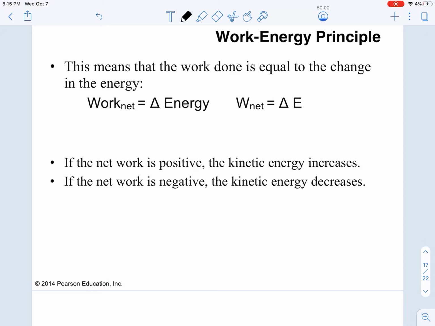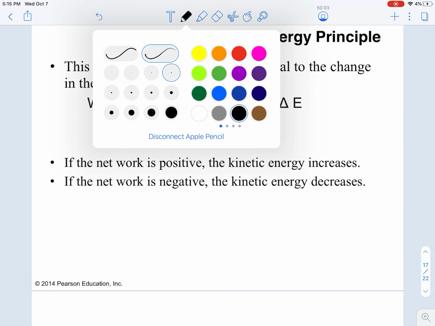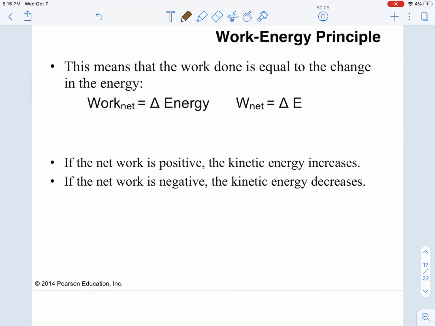So when we were saying that we have positive work done, if you go back and look at those situations, I bet those objects gained energy because the work was in the same direction as the object's motion, so the work was moving with the object, so it increased that amount of energy that the object had.